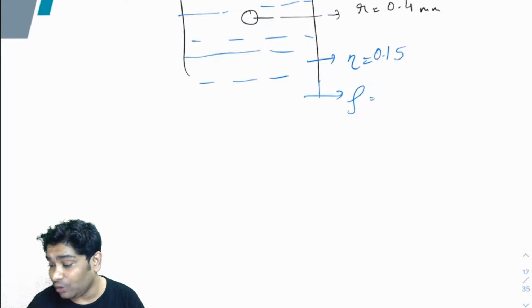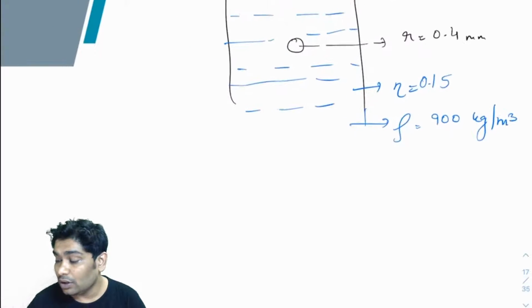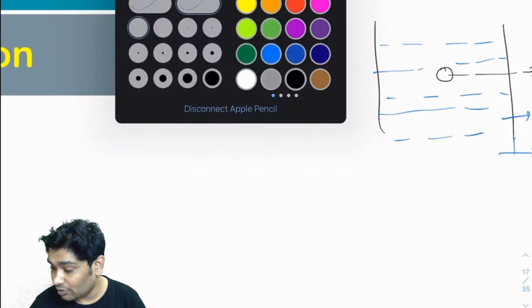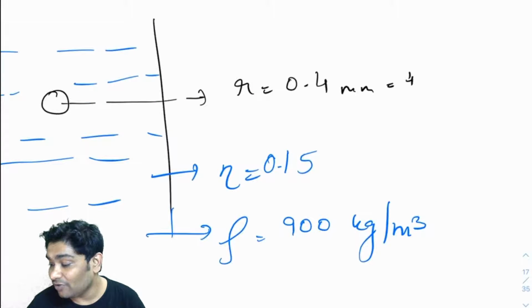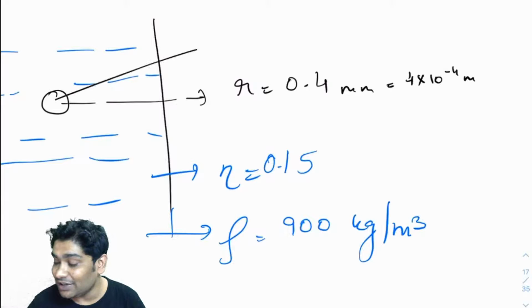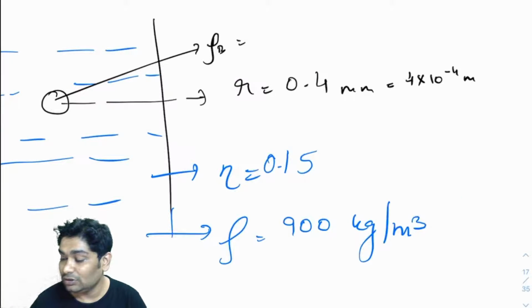I'm trying to keep all my units in SI. So this would be 900 kg per meter cube. And for the bubble, we have the radius as 4 into 10 to the power of minus 4 meters. And similarly, the density of the bubble, what is that?